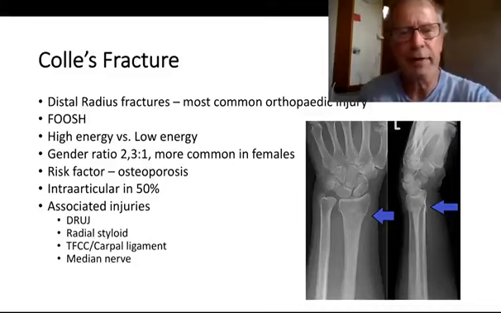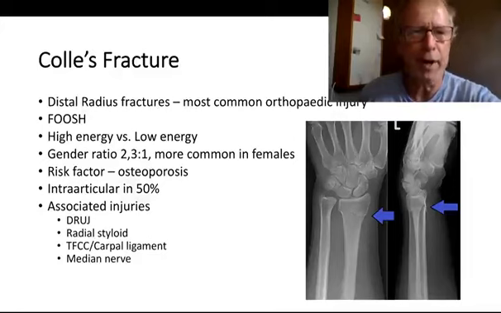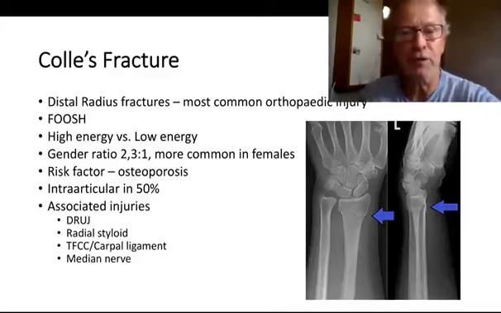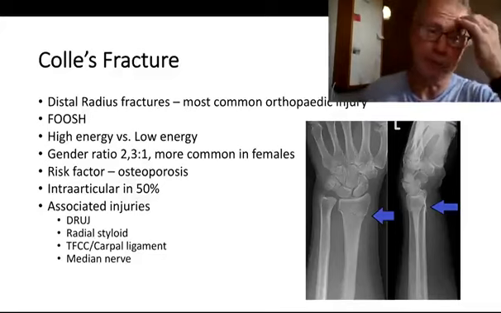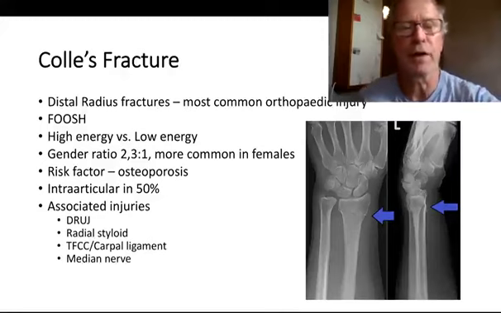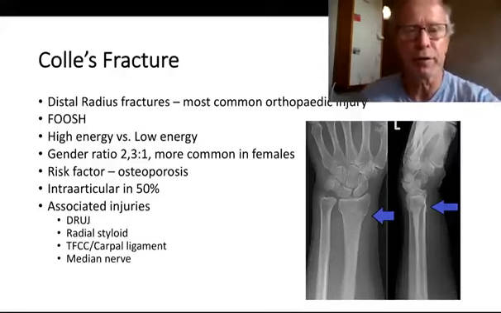Having said that, most people now, when they talk about a Colles fracture, are just saying it's a distal radius fracture. So there are high energy as well as low energy fractures. The Colles fracture in the fragility sense is more the low energy fracture, but there are younger people who present with distal radius fractures because there's more force involved in the injury pattern.